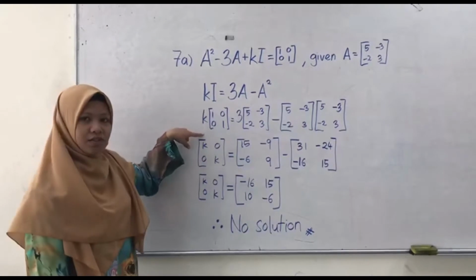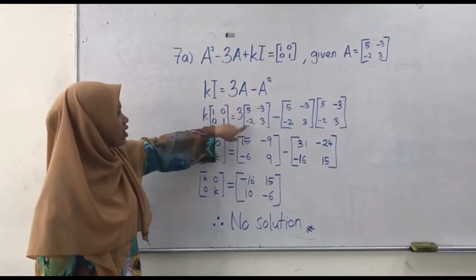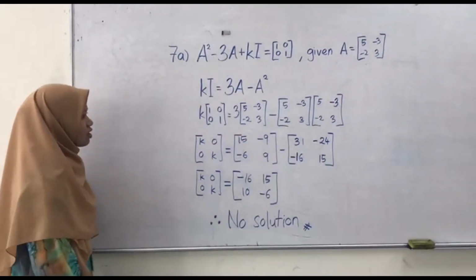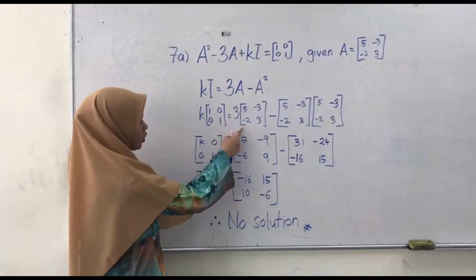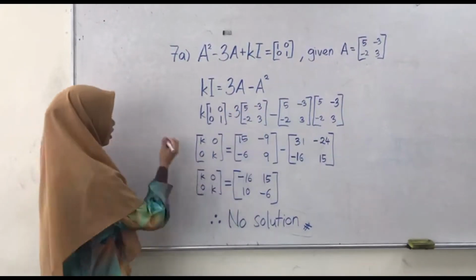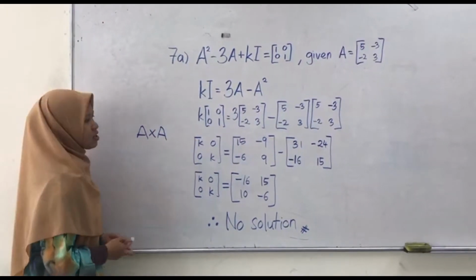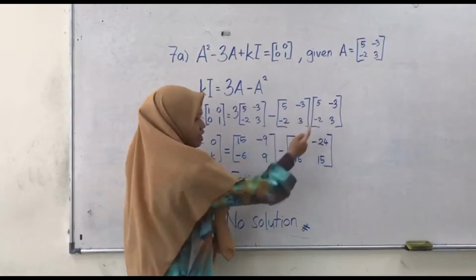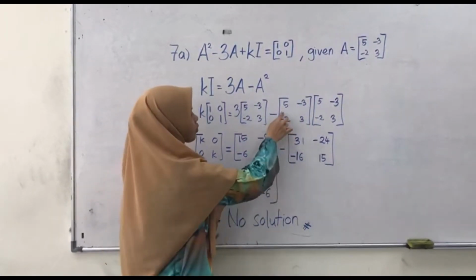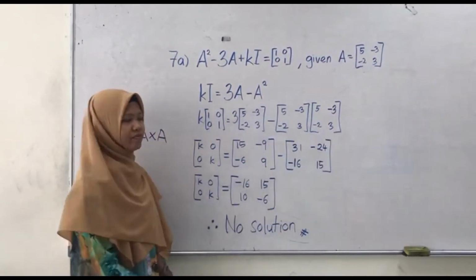I is the identity matrix, so we change it to the identity matrix, and A we substitute with the A given. Next, we multiply 3 with A, and A squared is actually A multiplied by A. So that's why we have to multiply like this, and bear in mind that we must multiply row with column.